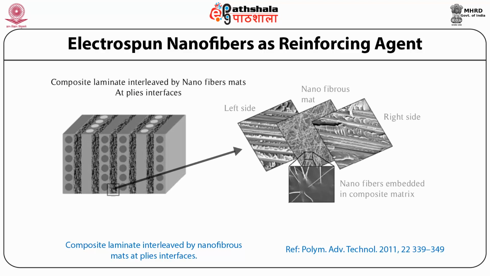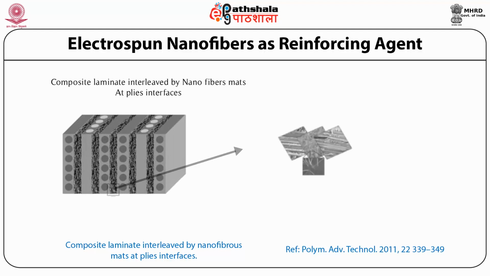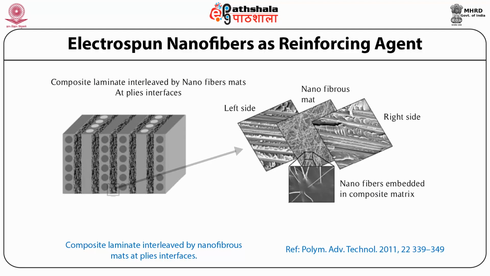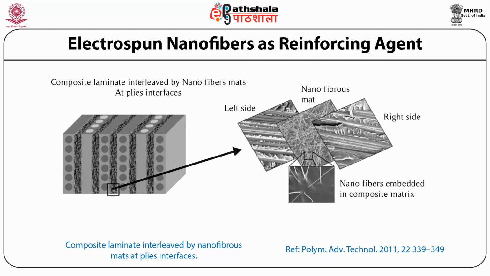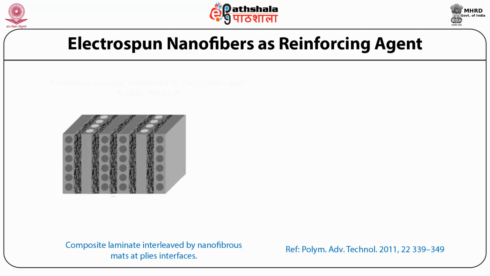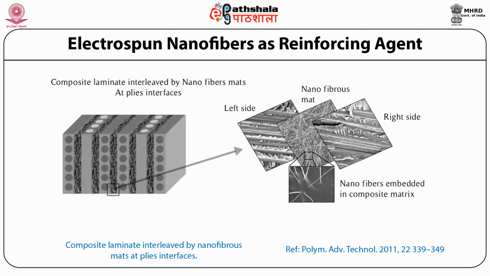It is believed that nanofiber, being characterized by a diameter typically in the range of a few hundred nanometers, can be small enough to reinforce regions of the matrix located between adjacent plies of the laminate, as schematically illustrated in the figure.